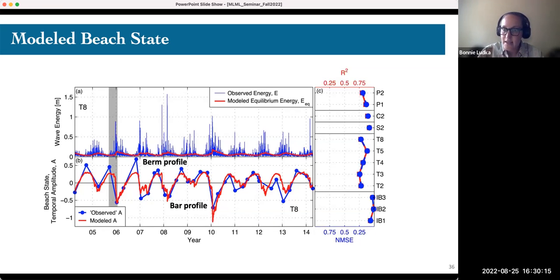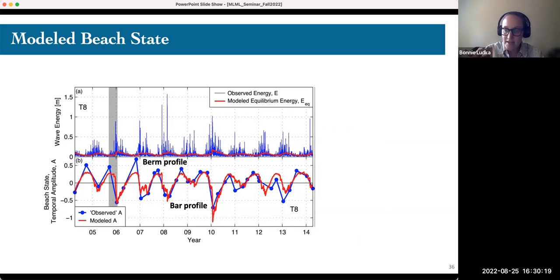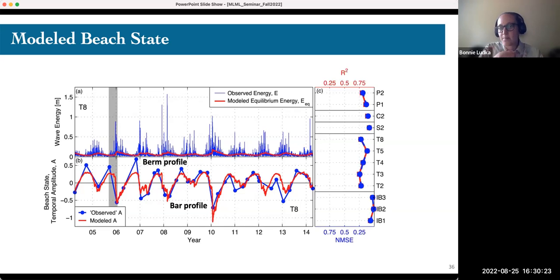And we tested this. That was an example at T8, that section of Torrey Pines that I pointed out at the beginning of this section. But we also tested this at all those other normal sandy sites and found that the model had high skill and low normalized mean square error at all those sandy sites.